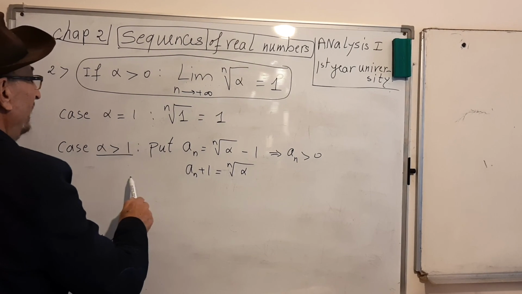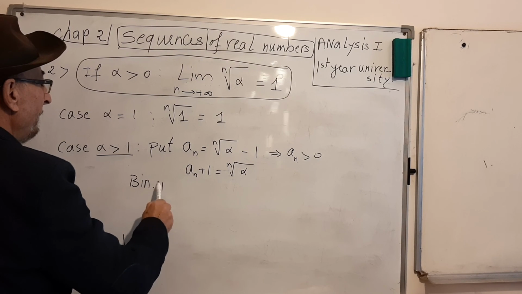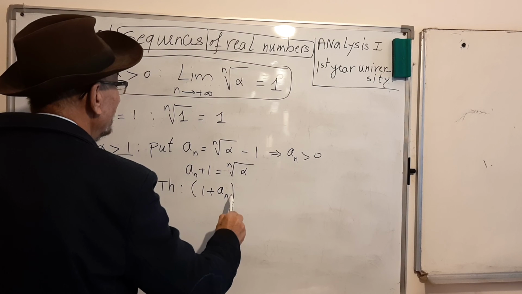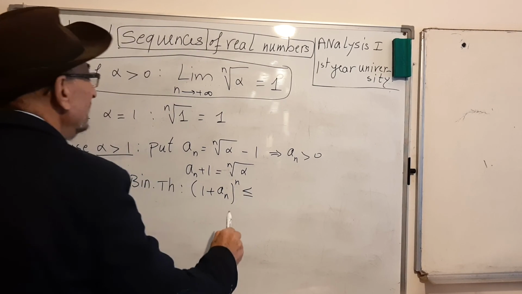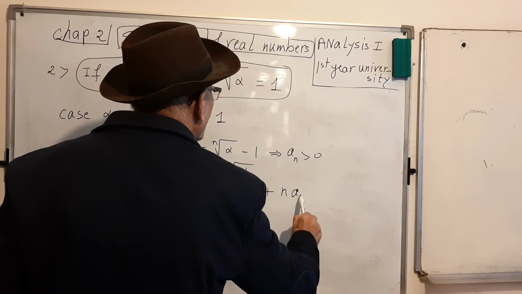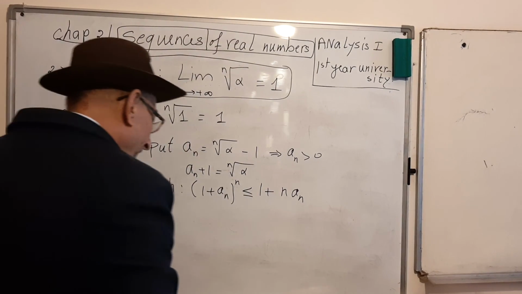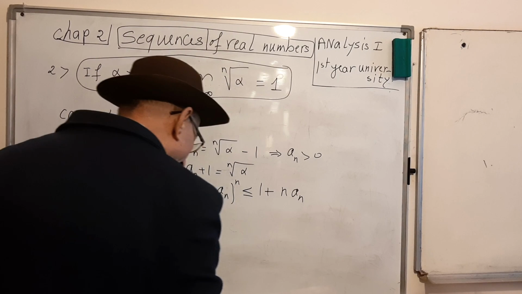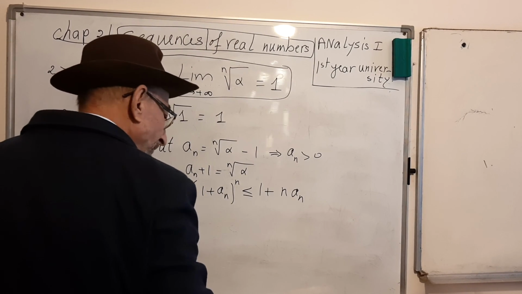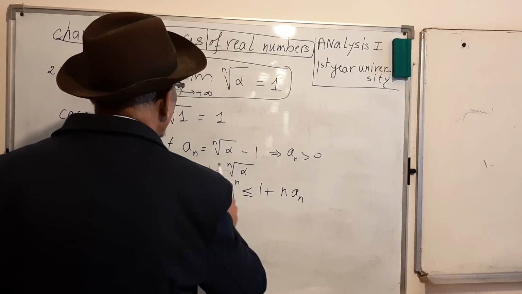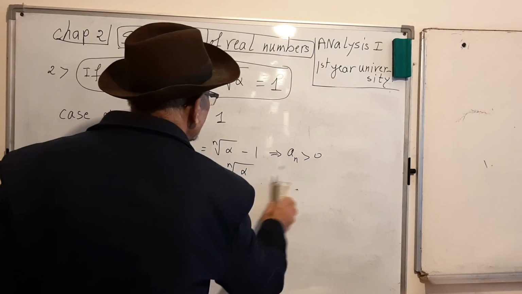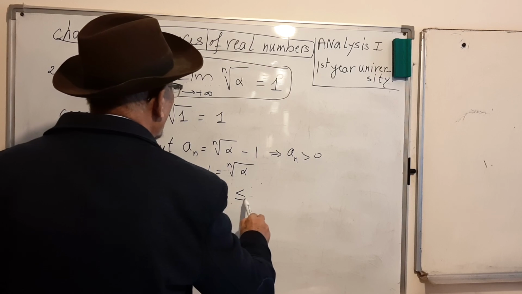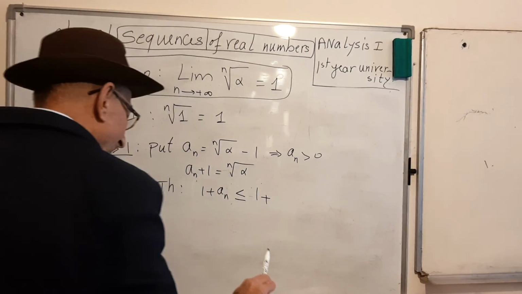Now we can use the binomial theorem: 1 plus an, to the power n, is greater than or equal to 1 plus n an.